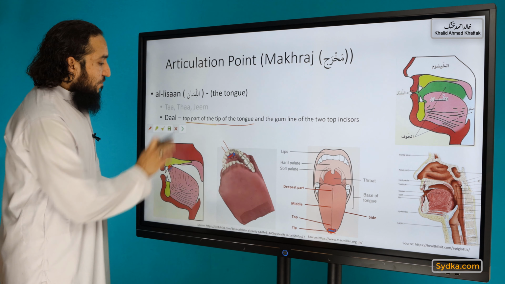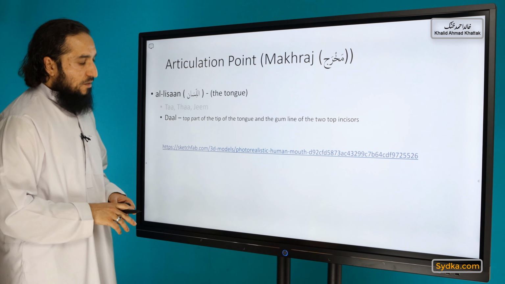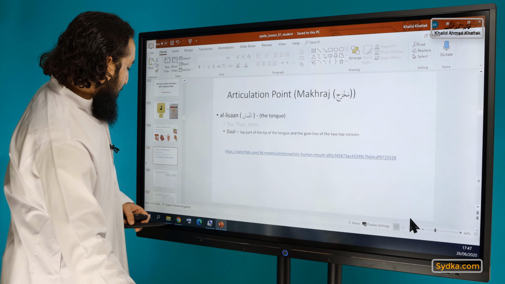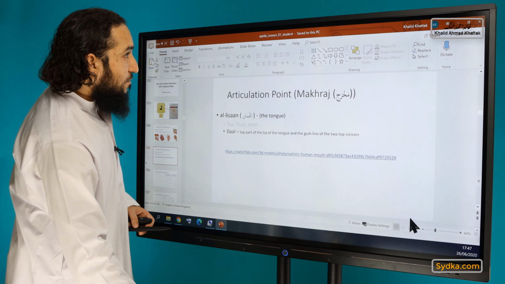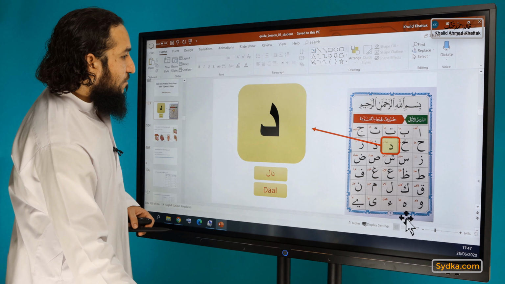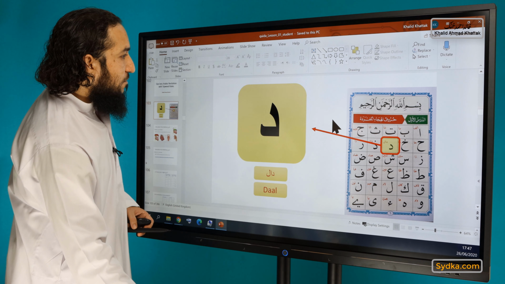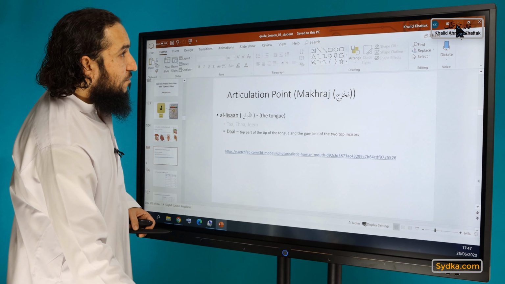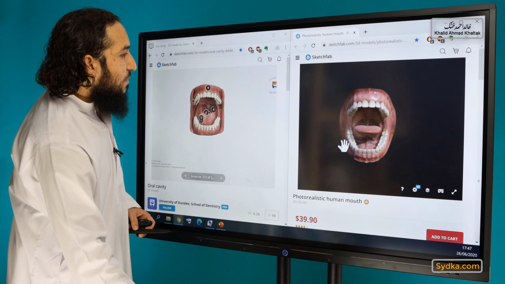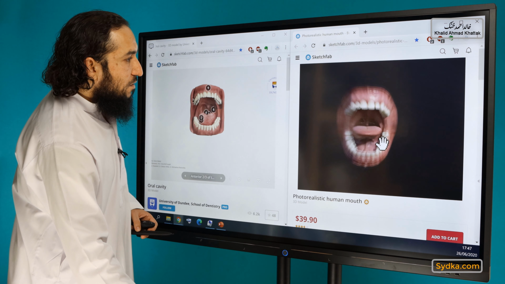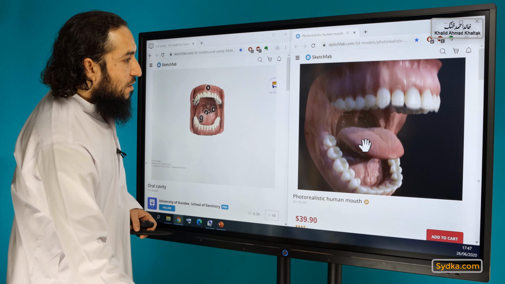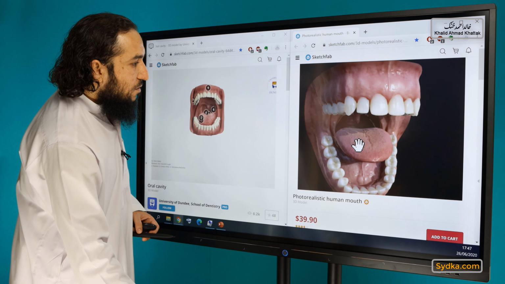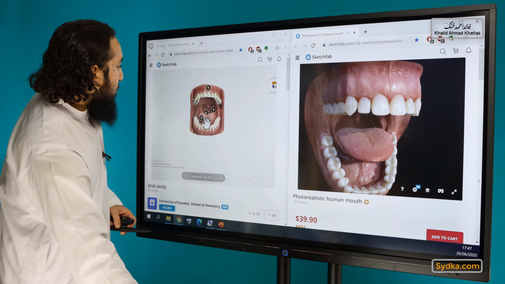3D model. Let me clear this. As we have the mouth, the tongue.